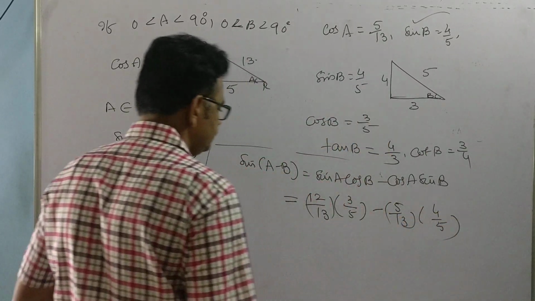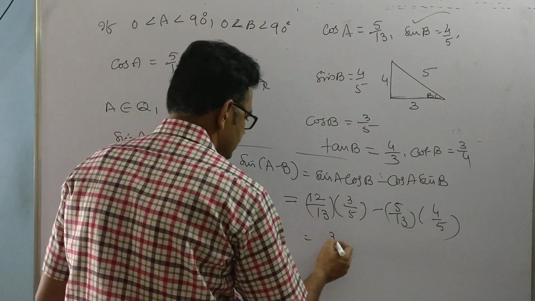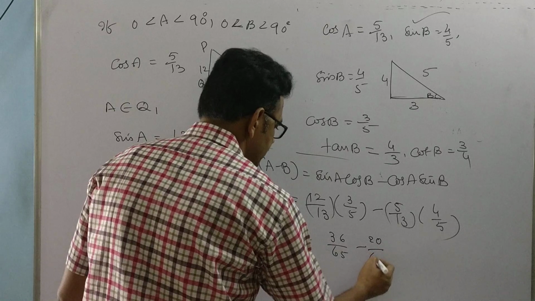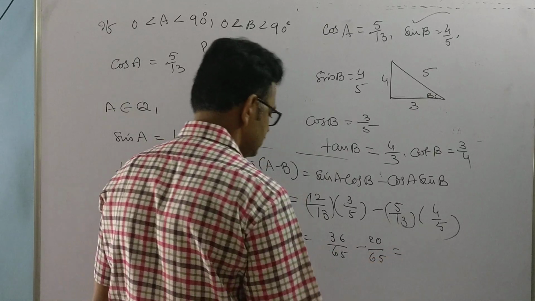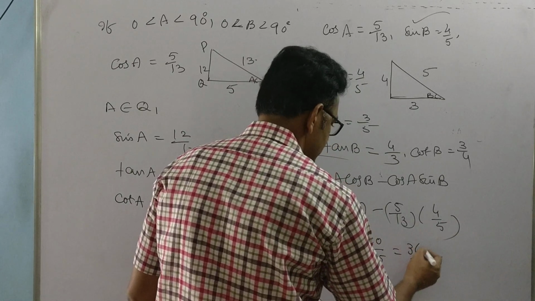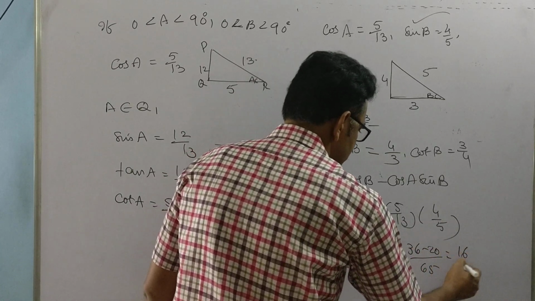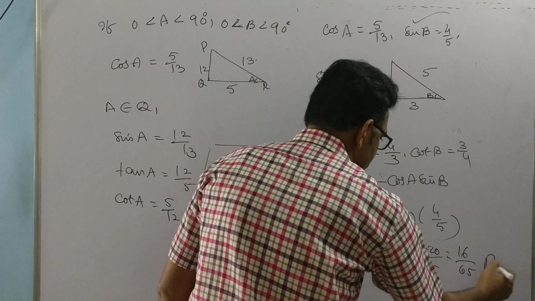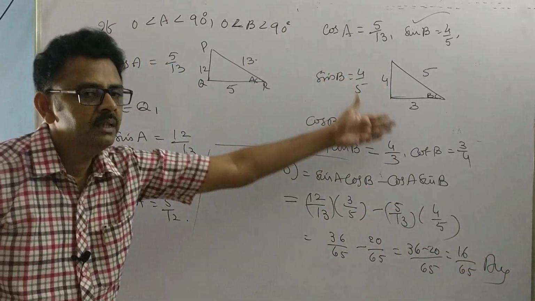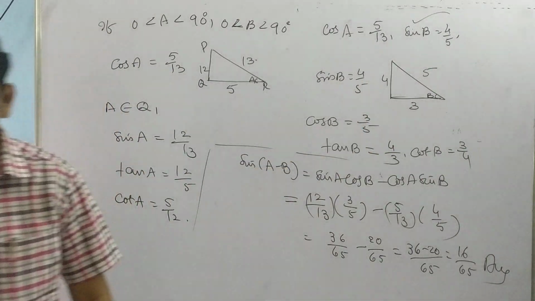This is equal to 36 by 65 minus 20 by 65, that is 65 LCM. So this is 36 minus 20, 16 by 65 is the answer. So like we have to find the remaining values.